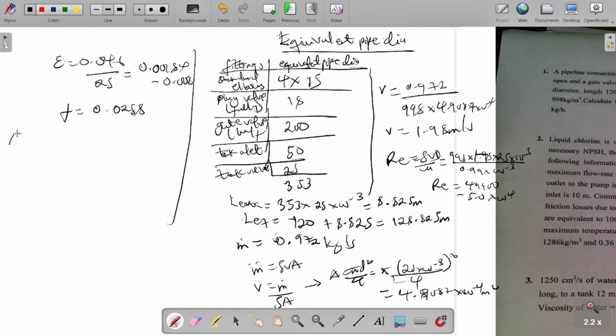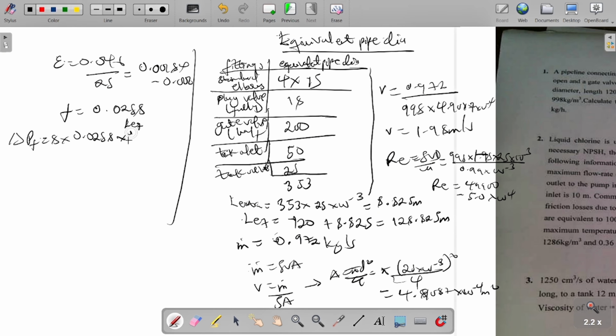Then the pressure drop due to friction becomes 8 times 0.0258 multiplied by the length. But the length here now becomes the equivalent length, which is the length of the pipe plus that of the miscellaneous equipment, the fittings and the valves.